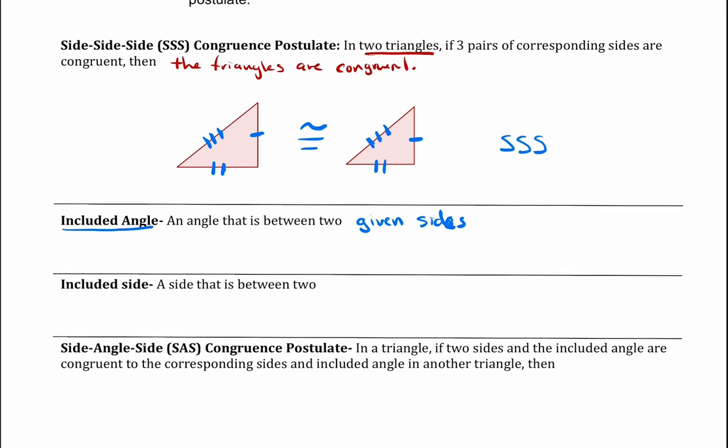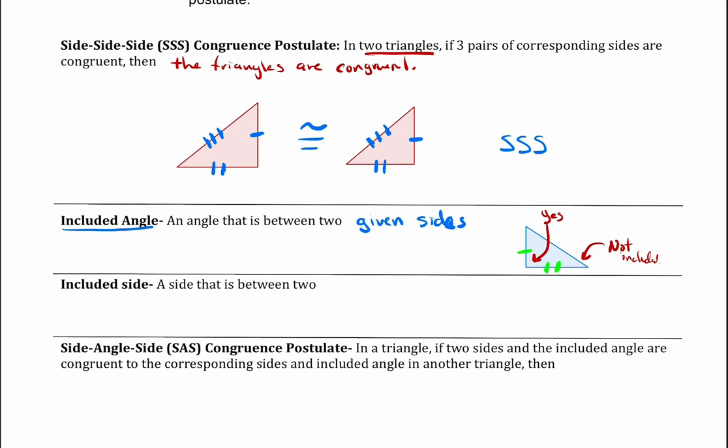Sorry. Okay, we have a triangle. And if I know this side and this side, then the included angle would be this angle right here. That is the included angle. This angle would not be an included angle. So we are saying that the included angle is the angle between two sides that we know.